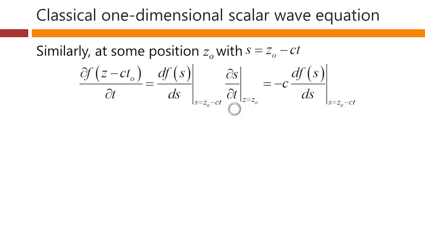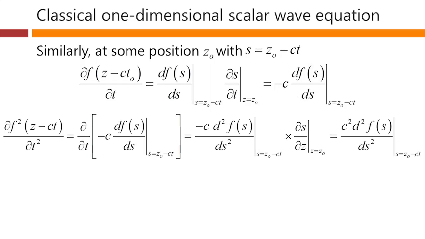But note that ds by dt is minus c, not just 1 like we had before, but minus c because we've got minus c here. So ds by dt evaluated at z equals z0 is minus c. And so we get a minus c in front of our first derivative here.